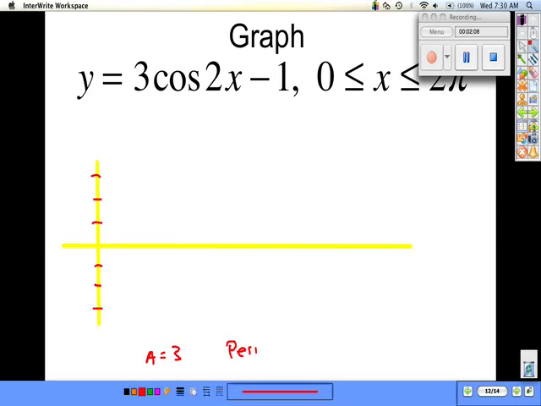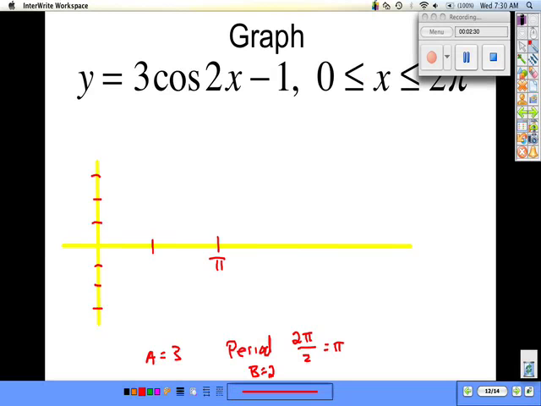The period changes here because there's a coefficient of x. There's a coefficient on that. B is 2. So we're going to take 2 pi divided by 2, which is pi.